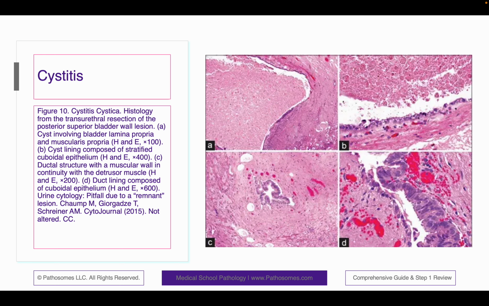And here we can see histology from a transurethral resection of the posterior superior bladder wall lesion, showcasing a cyst lining composed of stratified cuboidal epithelium, as well as a duct composed of cuboidal epithelium. And note in C, there's a ductal structure with a muscular wall in continuity with the detrusor muscle, right?